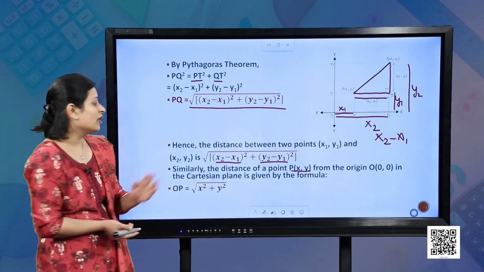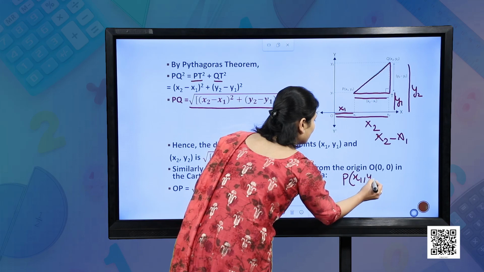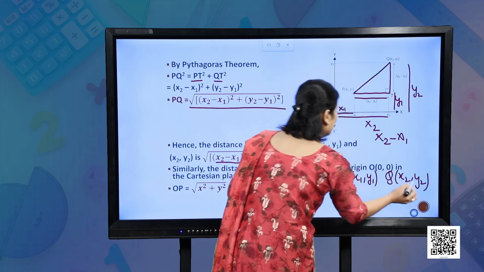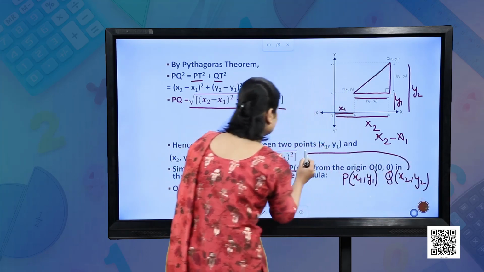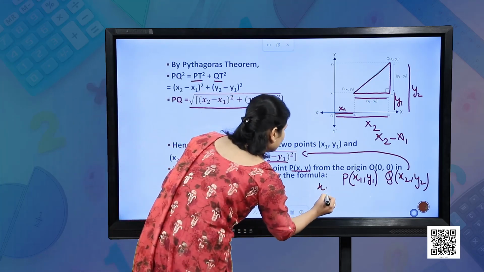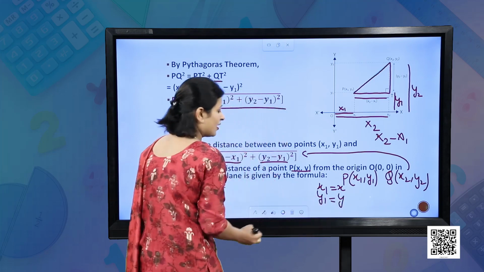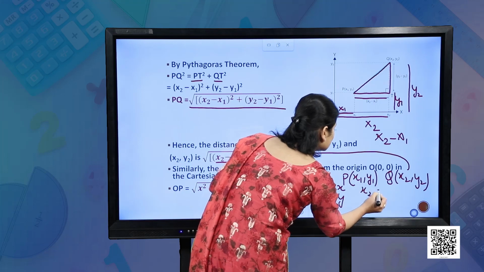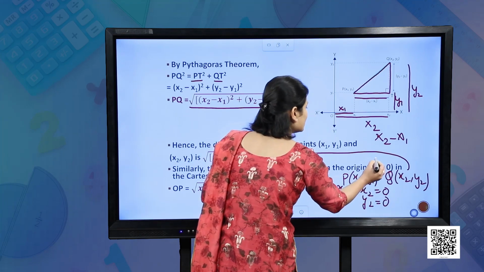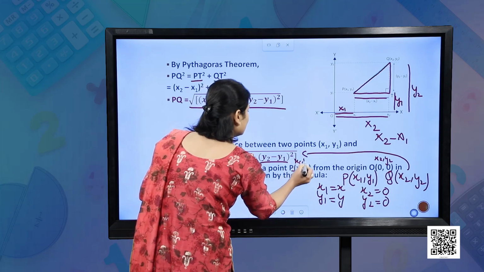As we have taken 2 points P x1 y1 and Q x2 y2, to derive this formula, simply substitute x in place of x1, y in place of y1, and 0 in place of x2 and y2, because this point is x2 y2 and this point is x1 y1.